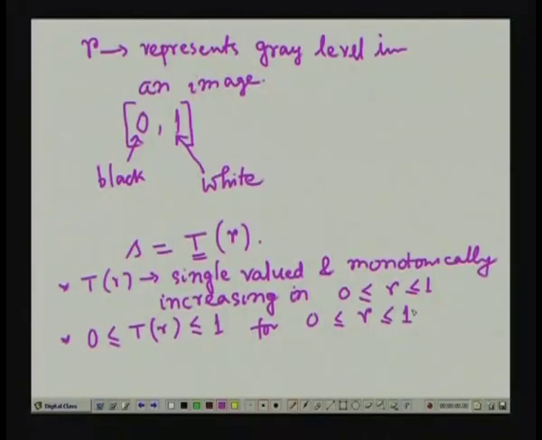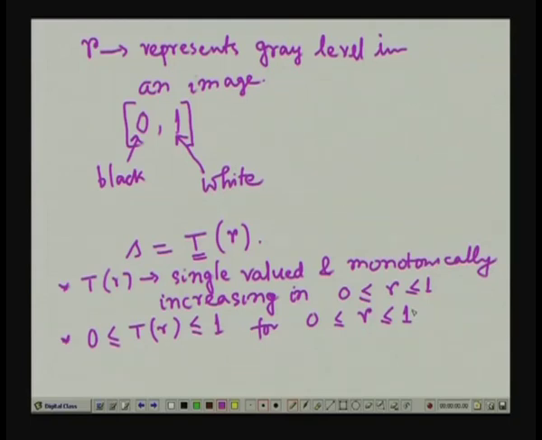So, the intensity ordering does not change in the processed image, and that is guaranteed by the first condition, that is T(R) should be single valued and monotonically increasing in the range 0 to 1 of the values of R.